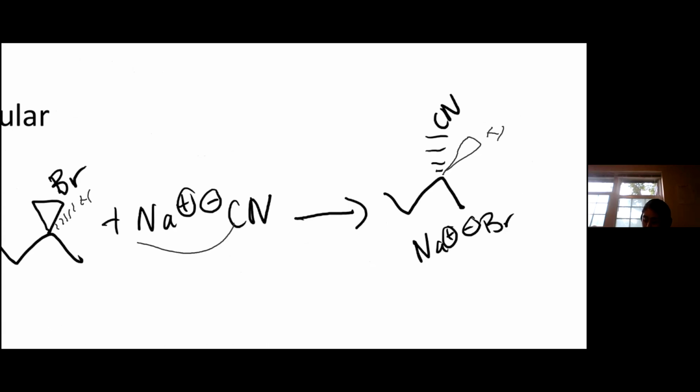Let me redraw this line through. That's what happened right there. Is there any questions on this? And again, Br left, so Br now is an ion, because it took those electrons, and it's in solution with Na+, and the Na+ comes from what was with our nucleophile. Is there any questions so far?